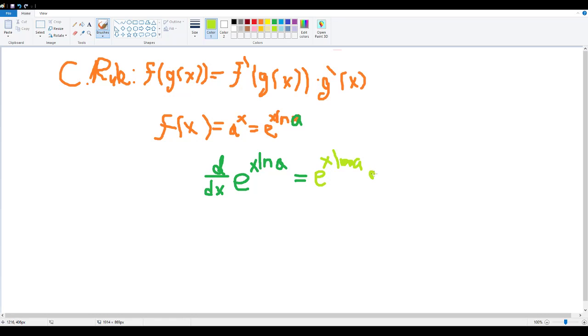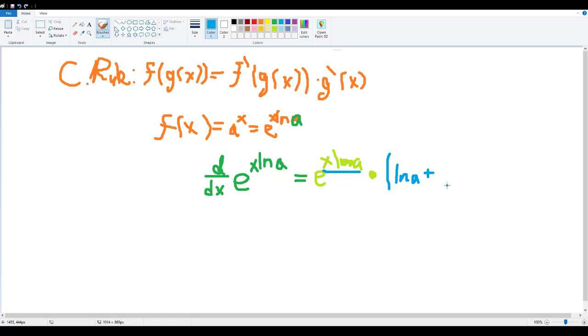E to the x ln a, right? Times, then, the derivative of this bit here, which can be expressed using the product rule. So we can do derivative of this part, which is 1, so ln a, right, because we got 1 times this other section here, plus then derivative of ln a, which is 0 times this.